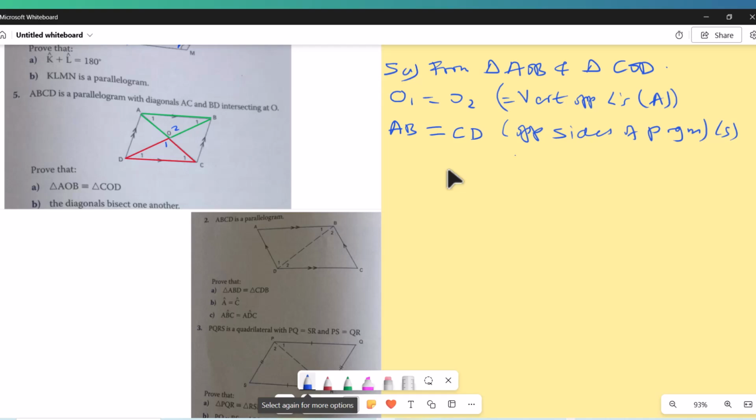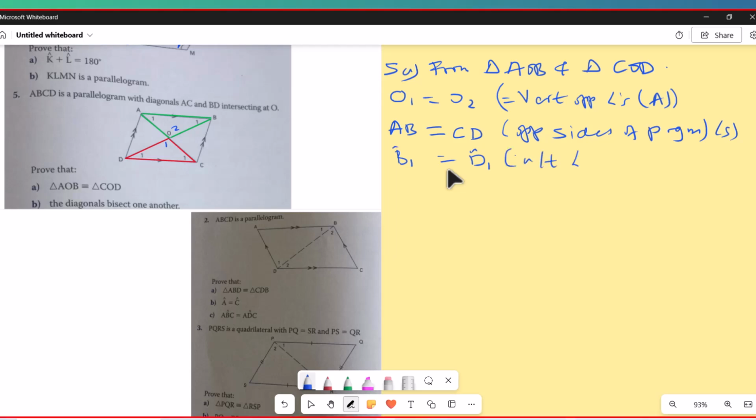Yes, sir. B1 equals angle D1. Reason being what? Alternate angles. That is correct. So our angle B1 equals angle D1, reason being alternate angles.